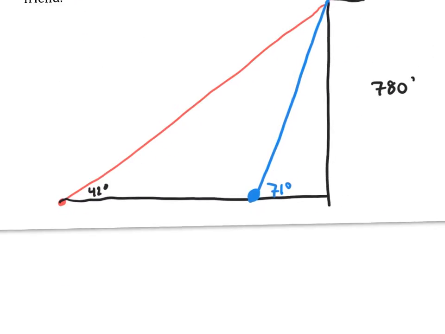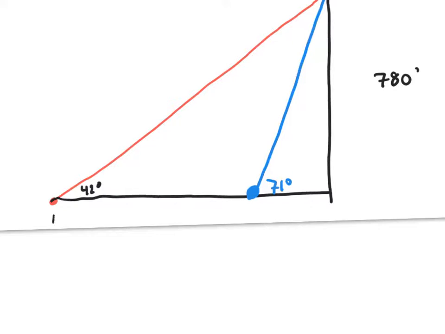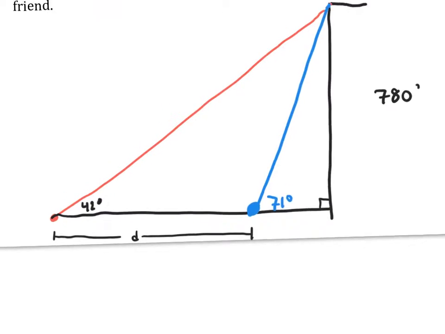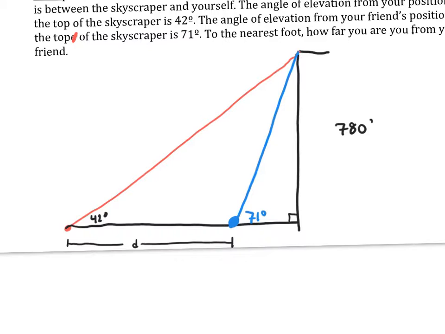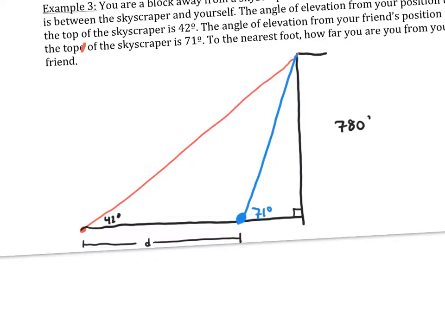So notice what we're actually trying to find. I need to find how far away from my friend I am. So a safe assumption here is that the building is 90 degrees there. So the question is, how do I find this piece? Well, there's a couple ways to approach it, but let's also consider the individual parts here.